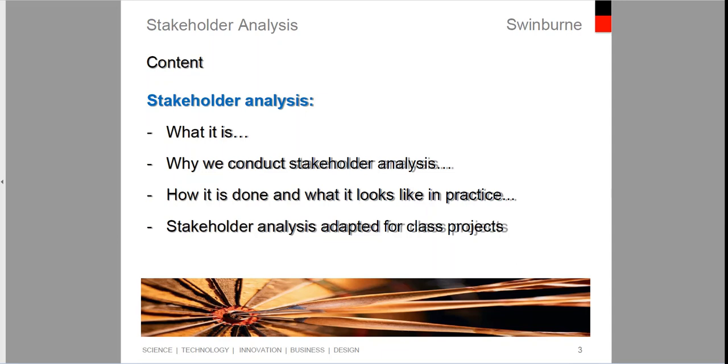So it involves a systematic examination of these stakeholders to assess their needs, their interest, their level of influence on your project, right? So by recognizing and engaging with these stakeholders, projects like your project can be more effectively tailored to meet their expectations and address the potential challenges.